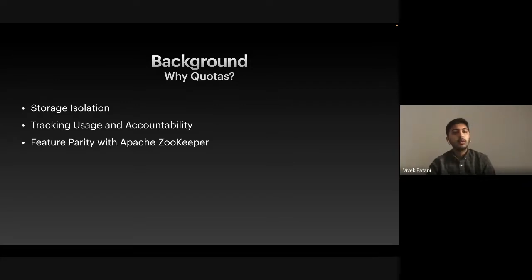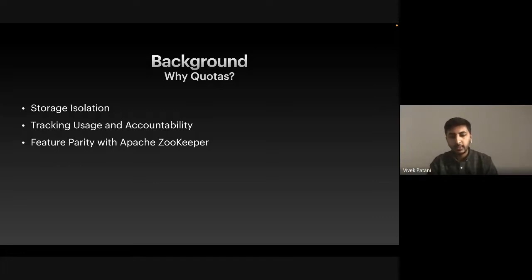The second one is tracking usage and accountability. Tracking usage just means if a key has maybe 50 subkeys in it or 100 bytes of one big key, we should be able to account for storage. So anyone can at any point in time say, hey, this subkey has so many bytes under it or so many keys under it, and so on and so forth. That's one of the other issues it's solving, and it's just feature parity with Zookeeper.